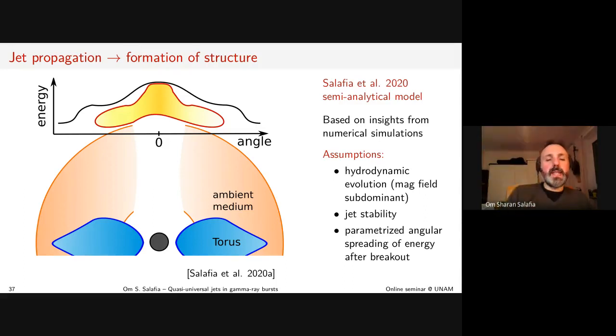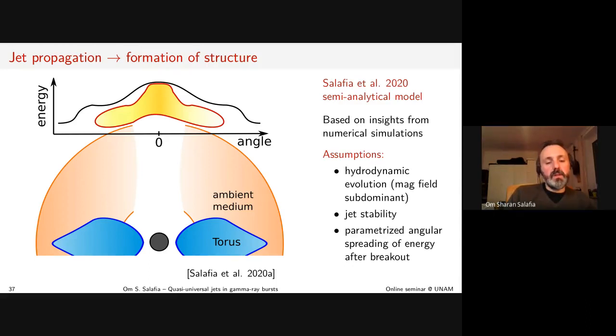This, to some extent, is factored in the model by the phenomenological way we smooth out the structure at the end. So this could be a way to take into account the free expansion phase, which can produce some rearrangement of the structure. But anyway, people seem to find that the structure is quite frozen after a short time after the breakout.